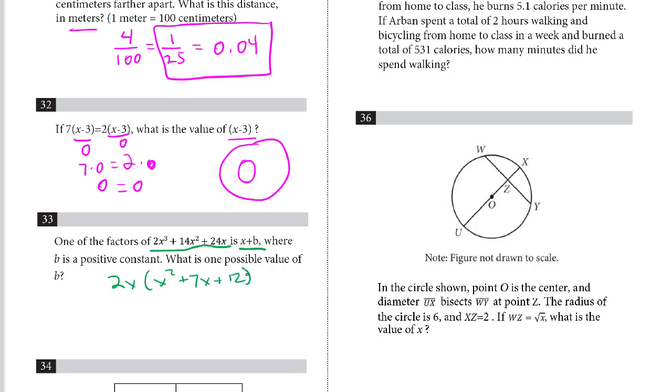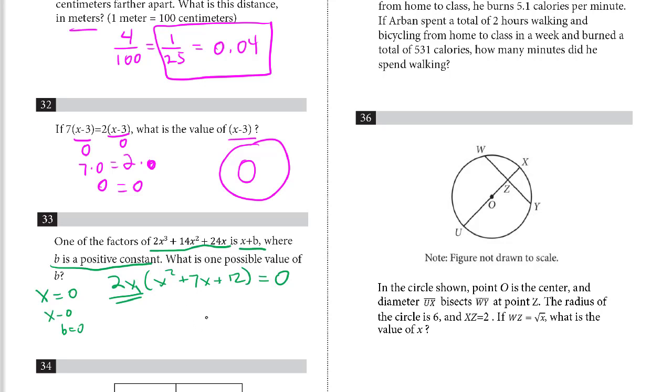The 2x indicates that x equals 0 is a factor. That means x minus 0 is a factor, so b equals 0 would be true, except they want b to be a positive constant, so we can't rely on 0. That was too quick and too easy.